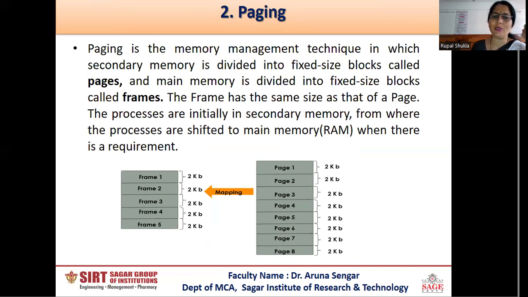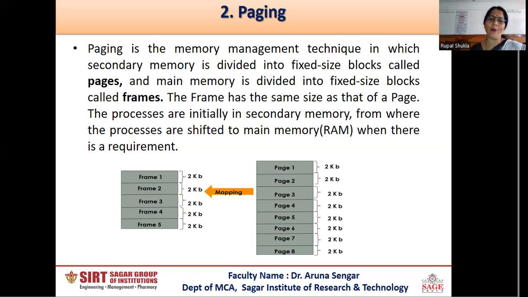The process which has to be executed is divided into fixed size blocks called pages, and at the same time memory is divided into blocks of the same size called frames. The size of page and frame is kept the same.